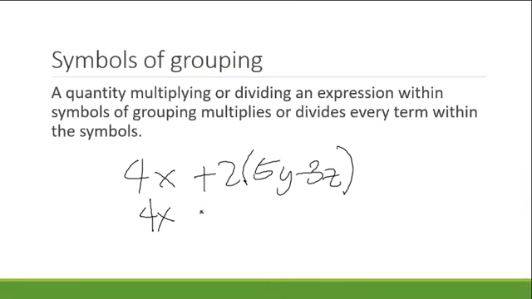Okay? Plus 10, kasi 2 times 5y. Again, kapag i-multiply natin yung dalawang term, kapag merong real numbers dun sa terms na yon, i-multiply natin yung coefficients nila. 2 times 5, 10. Copy the variable. 2 times negative 3z. Copy the sign. And we will have 6z. So, yun na.